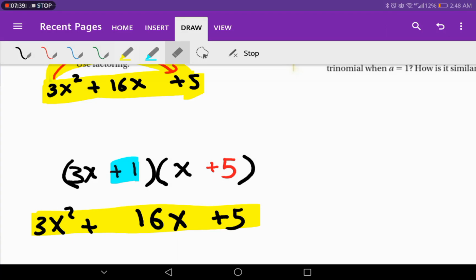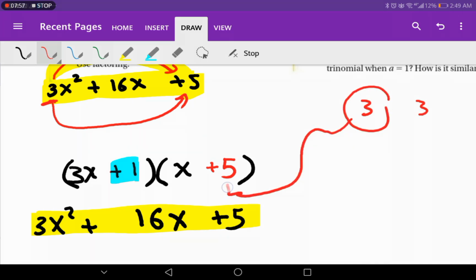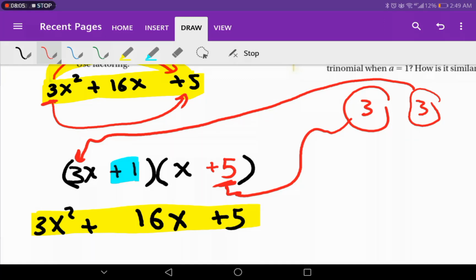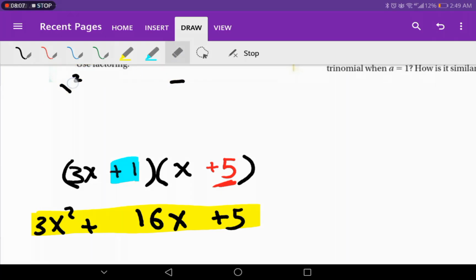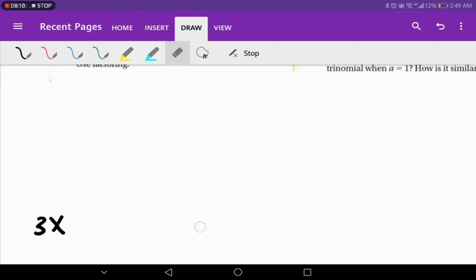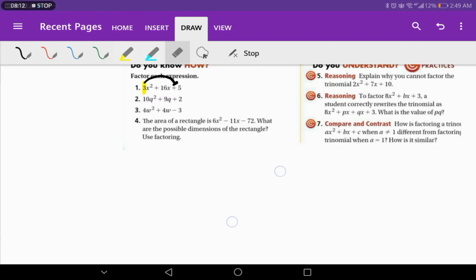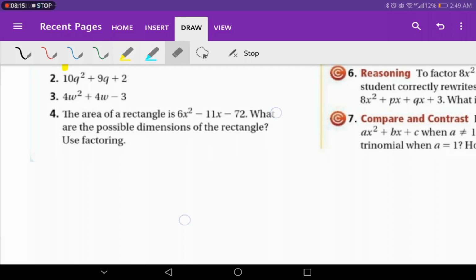Here we have to multiply the coefficient by the constant term, then we apply what we learned previously, then we write the coefficient two times and take one under one factor, and the second one will be the coefficient of x. Okay, my dear student, let us do one more. Let us take number 2 here.